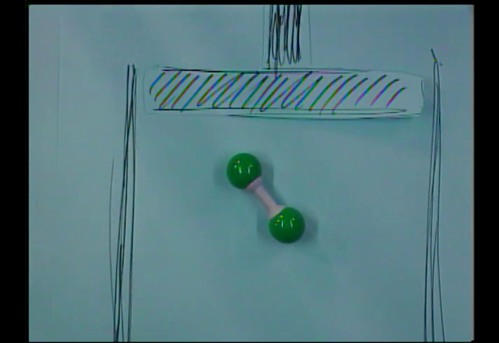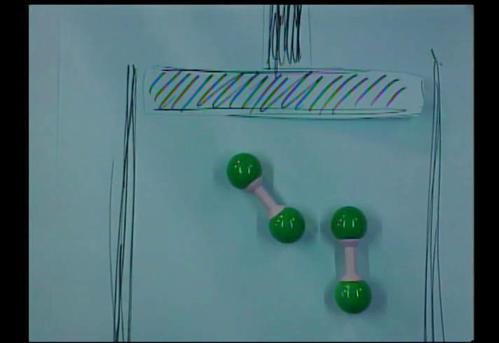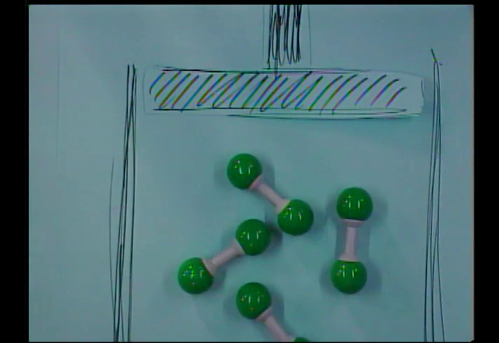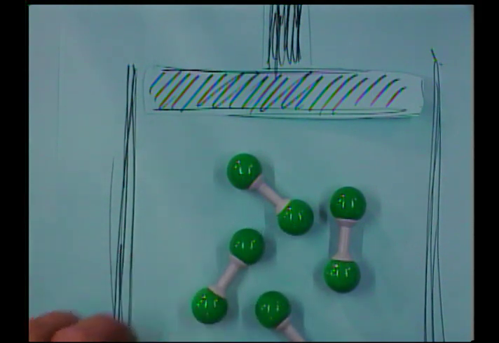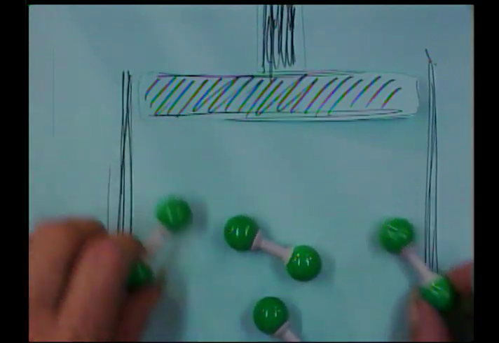Chlorine is, of course, a little heavier than hydrogen, but because of its green color, in the molecular model code, green usually stands for chlorine. So they're diatomic molecules, meaning two chlorine atoms are linked together by a single chemical bond, a covalent bond in this case. And they're not sitting still like dead ducks, like in this picture, as you know. They're constantly moving around and bumping into the container wall.